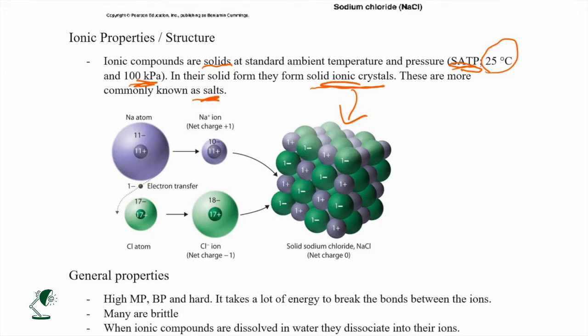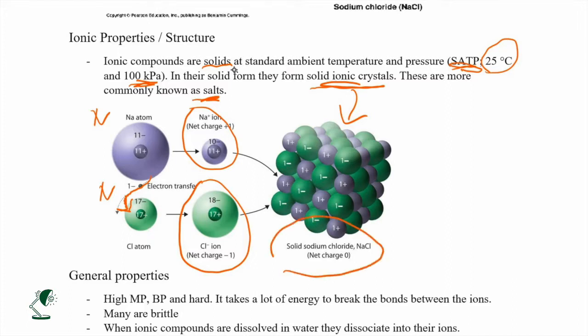Taking an example of NaCl, this is your neutral atom, and when one electron is transferred from sodium to chlorine, you will have a sodium cation with +1 and a chlorine anion with -1. Each ion will combine and form a solid sodium chloride salt, or this is your ionic crystal.